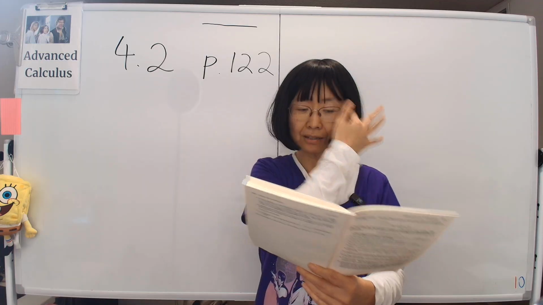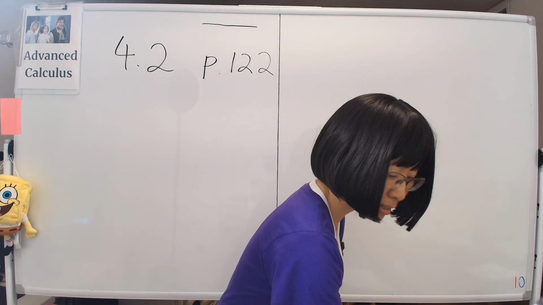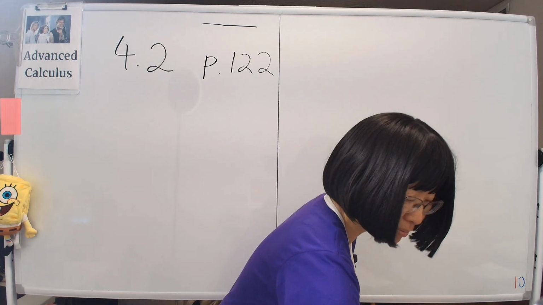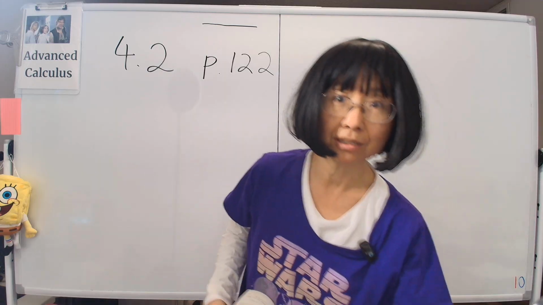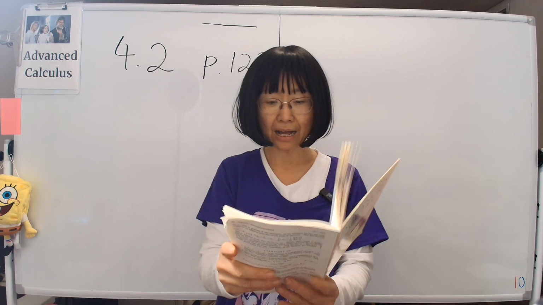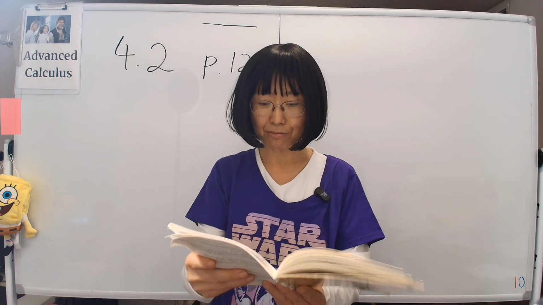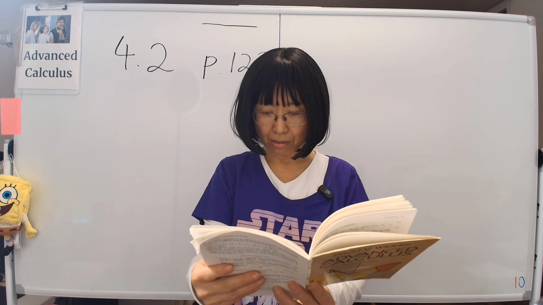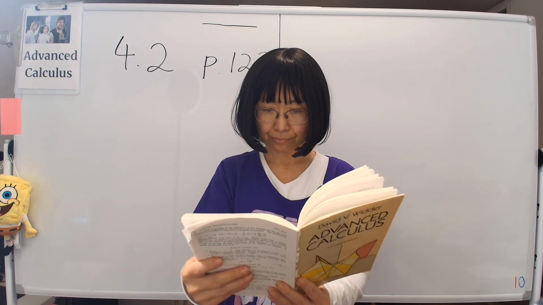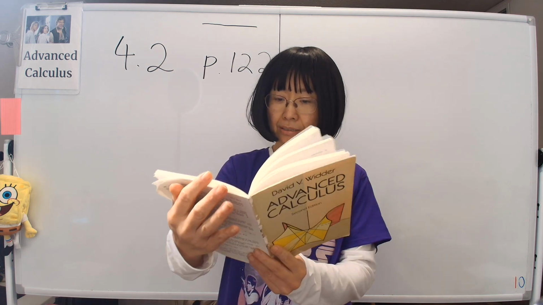Now first, I want to review what C1 means. C1 is, you remember, something about first derivatives, right? That's what the 1 means. But it also means, let's see, okay.